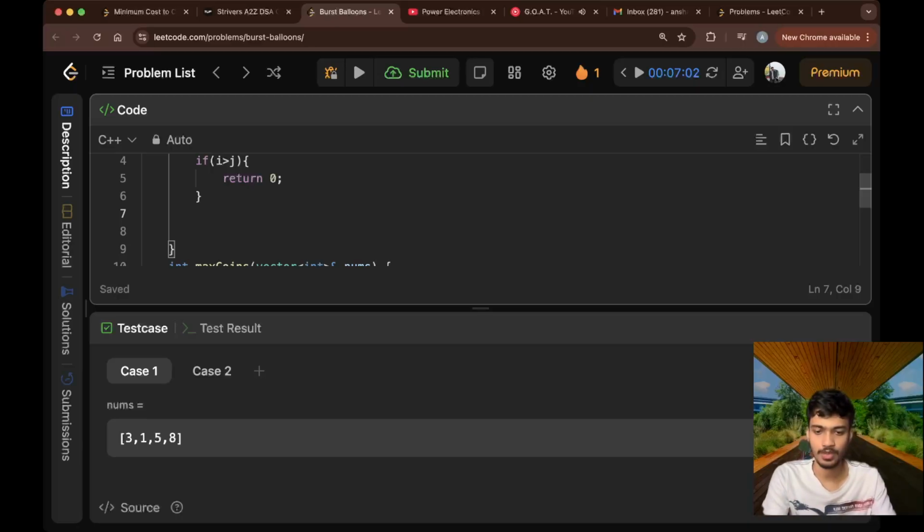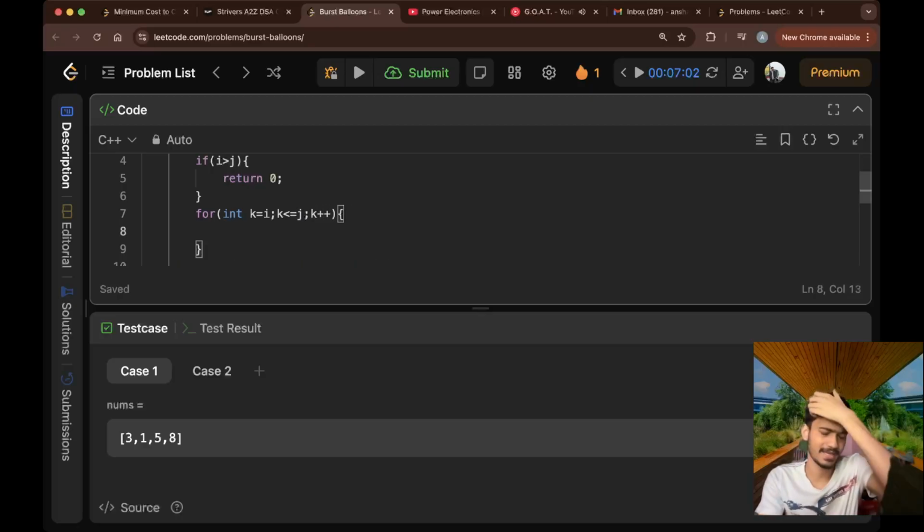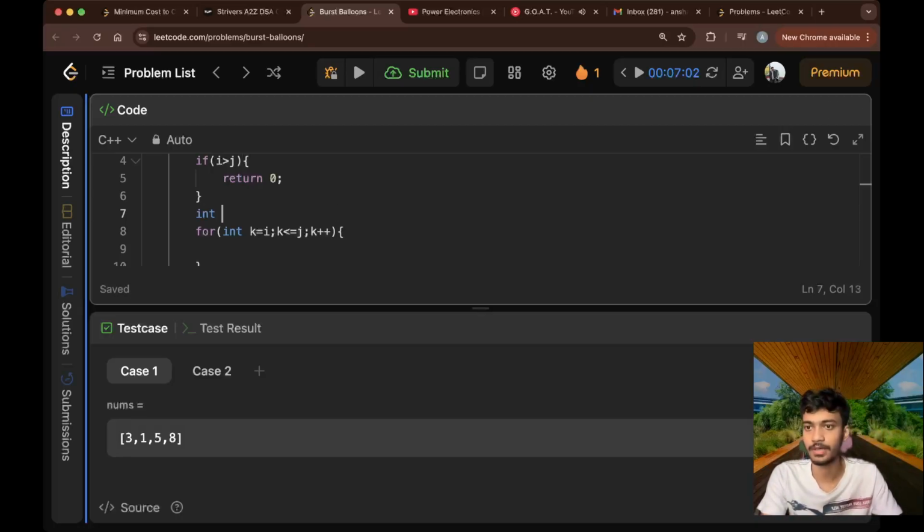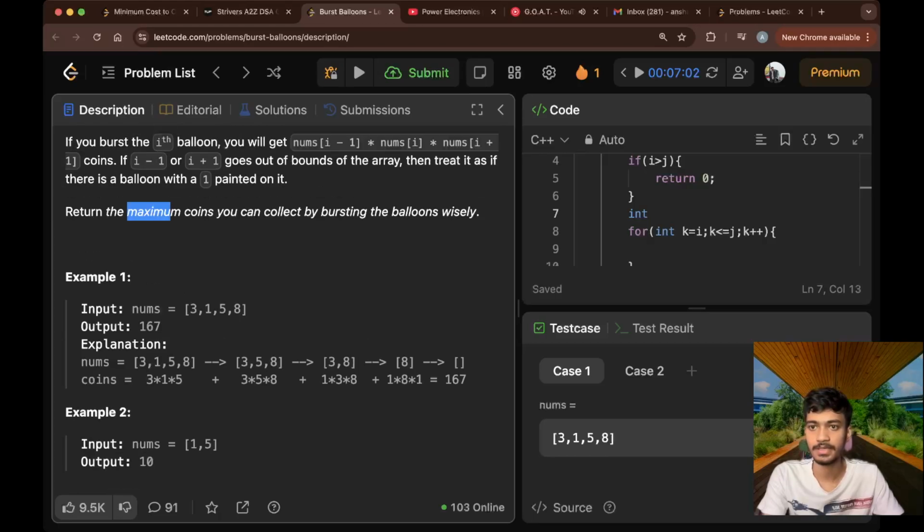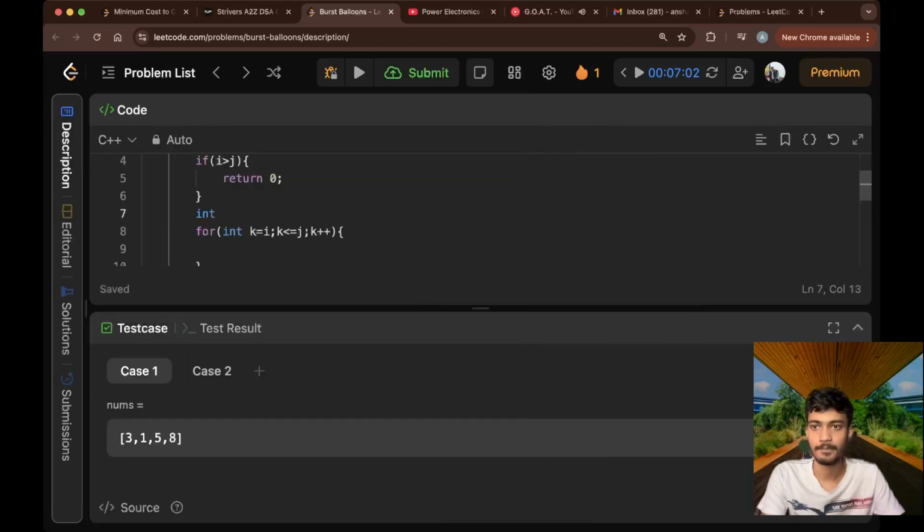Pretty much okay. We need a loop which will start from i and go up to, let's say, j, because it can break at any point. We need maximum, so we will take a maximum. Okay, we need minimum, which will be int min.